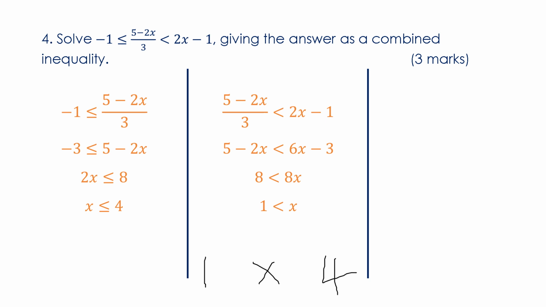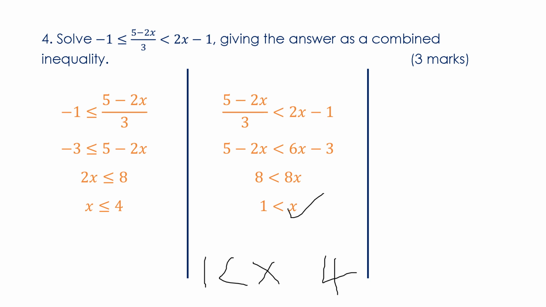Once you've written it this way, all the signs between these two numbers, between 1 and x and x and 4, will always be less than. So now we just fill it in. The relationship between 1 and x is simply less than, according to our solution here.